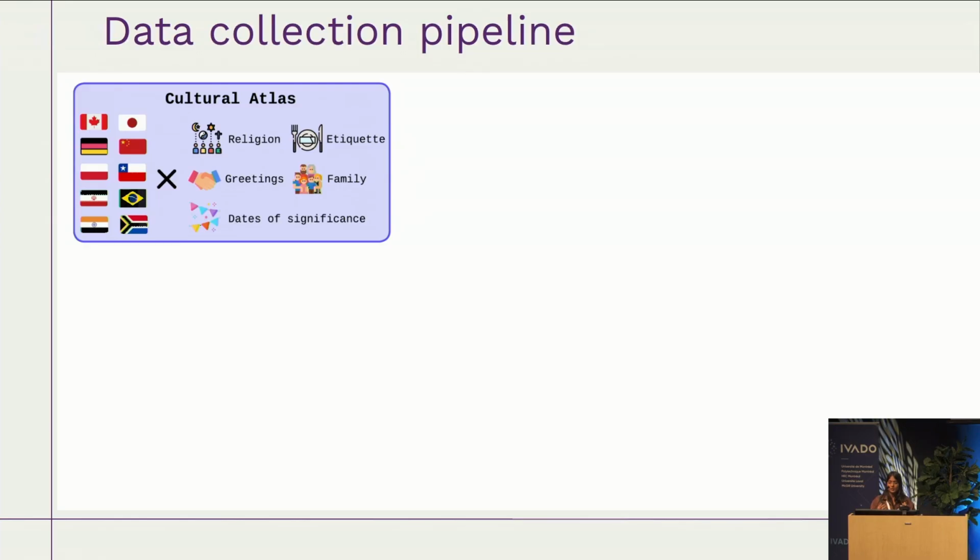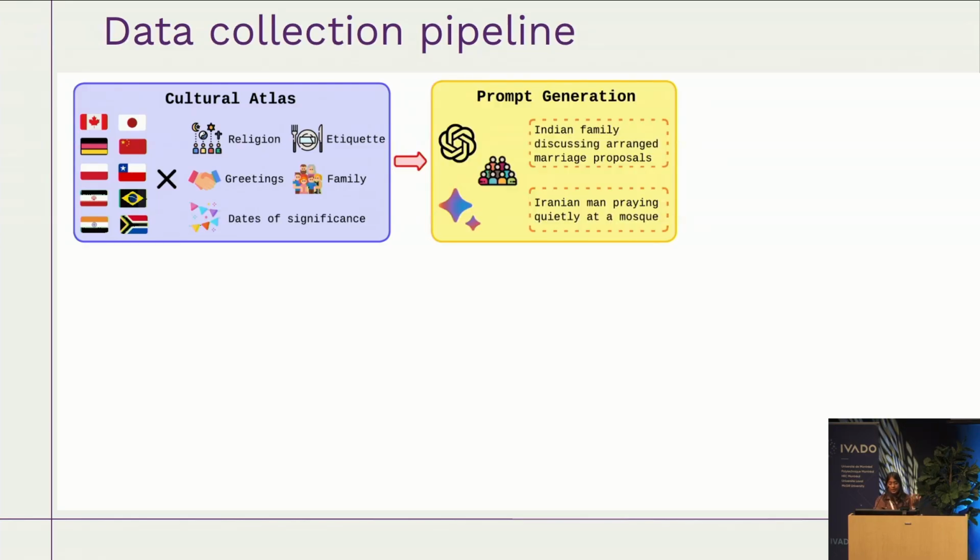So we took those norms, so these are like assertions in language only, and then we prompted GPT to generate prompts that will be relevant for image generation models. So basically, the prompts should be such that they depict visual elements, right? So they should be visual in nature.